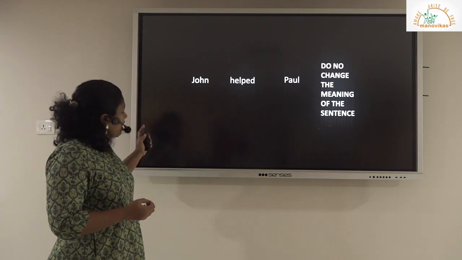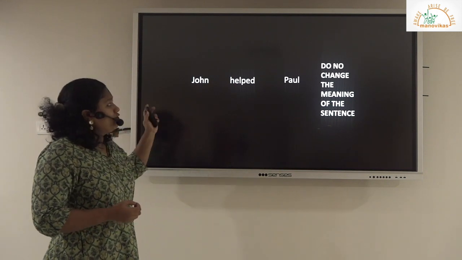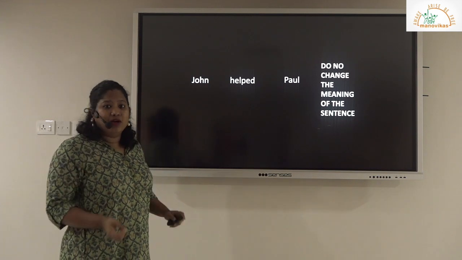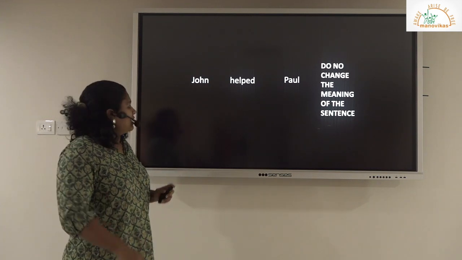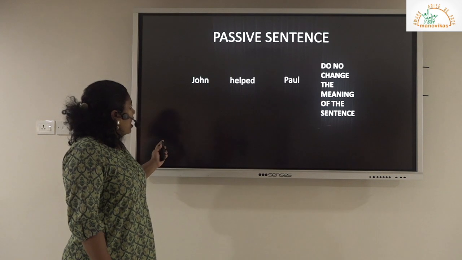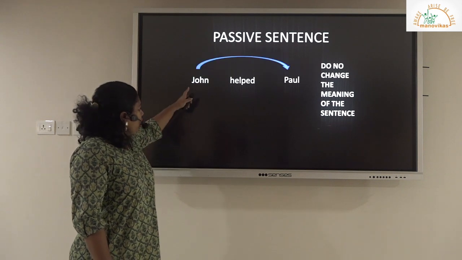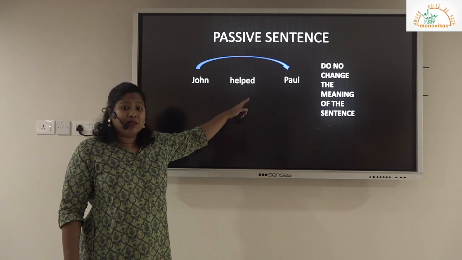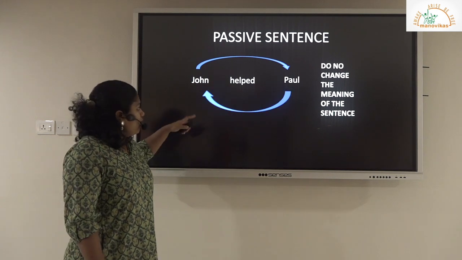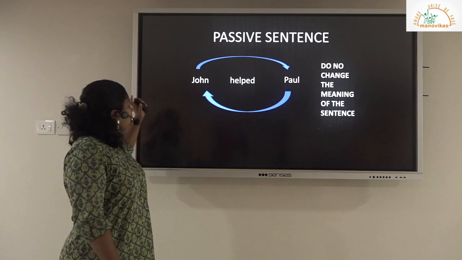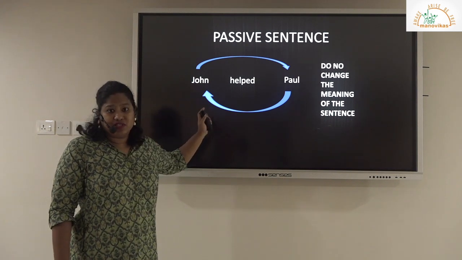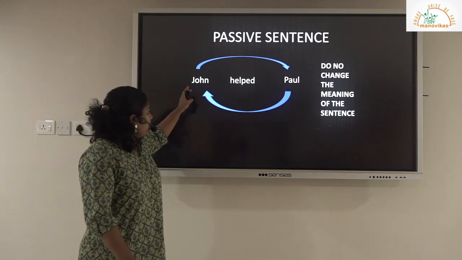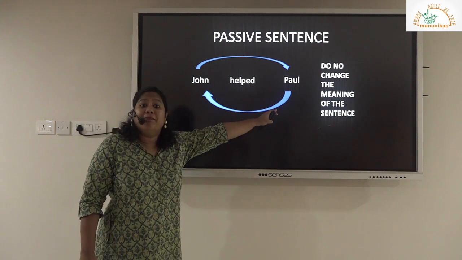Alright, so we need to change this from active to passive voice without changing the meaning of the sentence. So, how do we do this? John, which is the subject, will now become passive, as we said, and will take the place of Paul, while Paul, which was the object, will come forward and take the place of the subject. Okay, so our subject is now going to become passive.